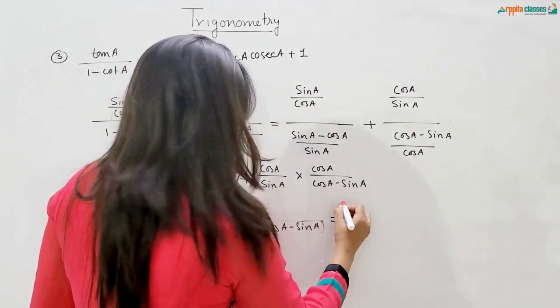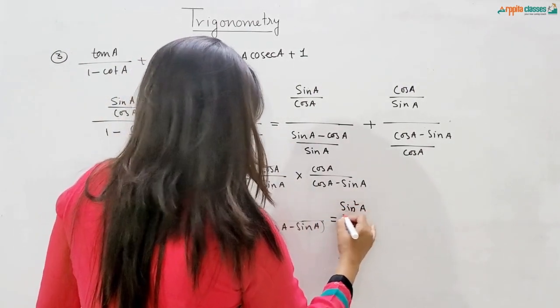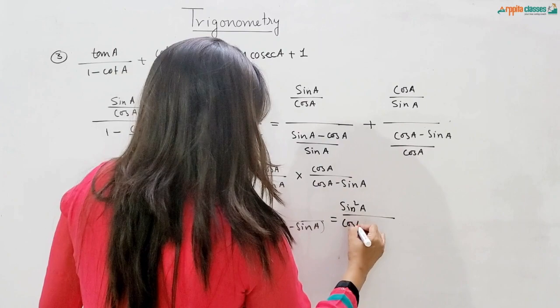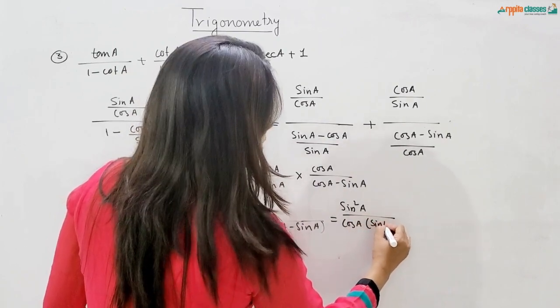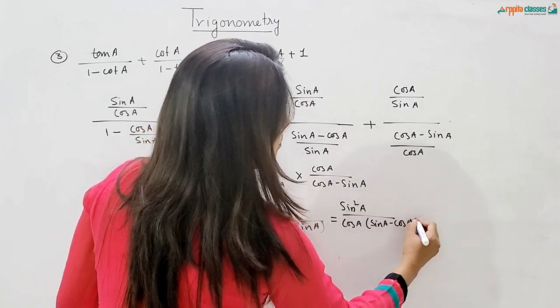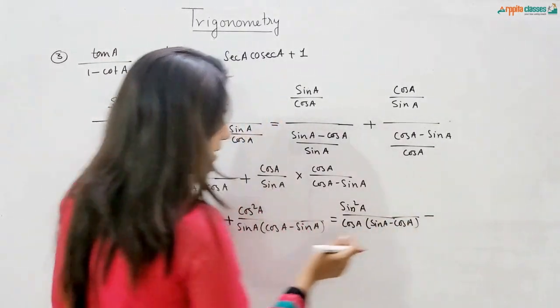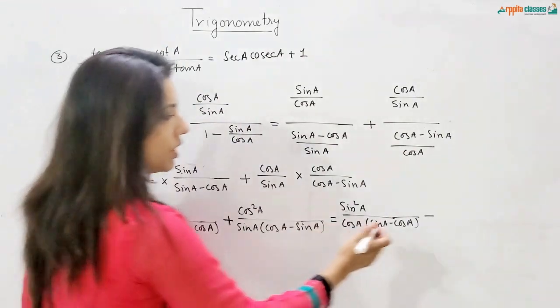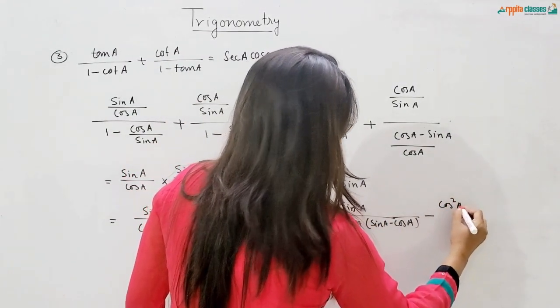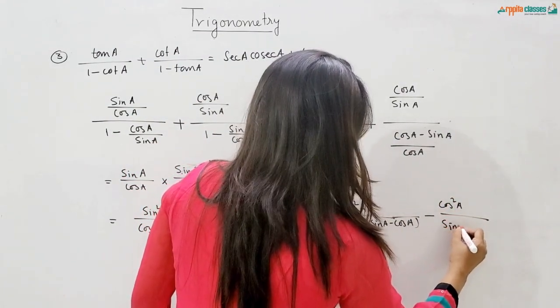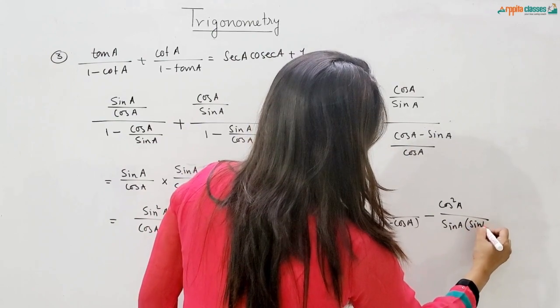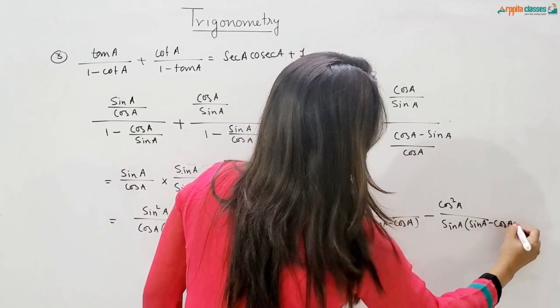So what I get is sin square A upon cos A whole into sin A minus cos A. I didn't touch the first term at all. This sign I will change, I will make it minus, and this thing I will reverse. So I will get cos square A upon sin A whole into sin A minus cos A.